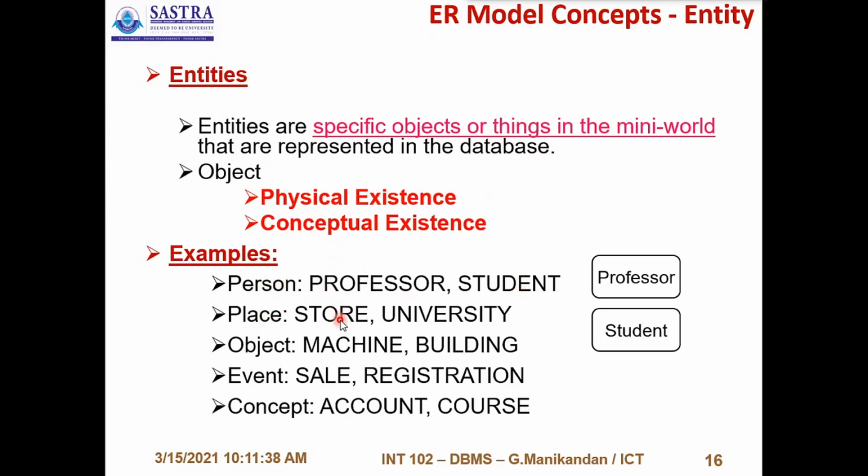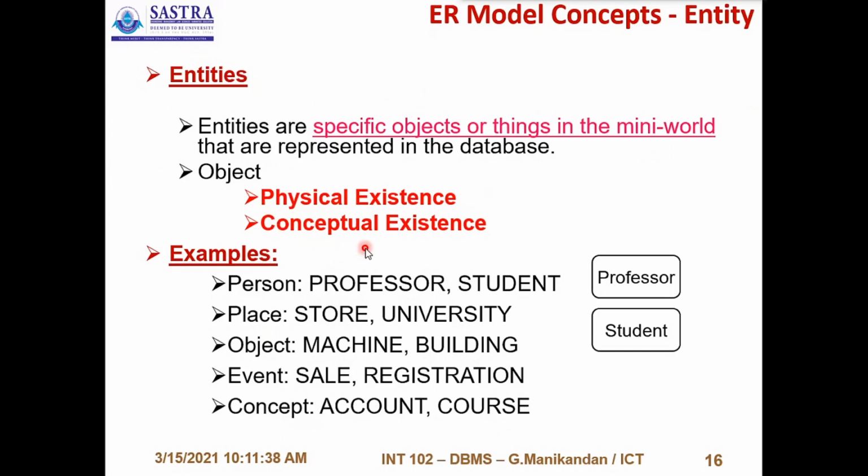A place may be a store or a university. An object may be a machine or a building. A concept may be an account or a course. With respect to our problem, your project is going to be a concept. So your entity may be of physical existence, or it may be of conceptual existence.